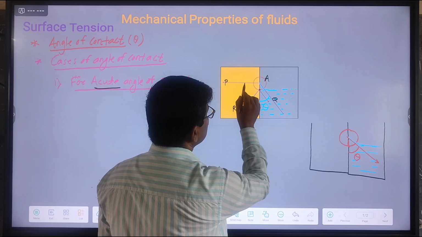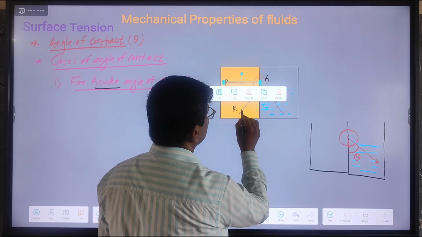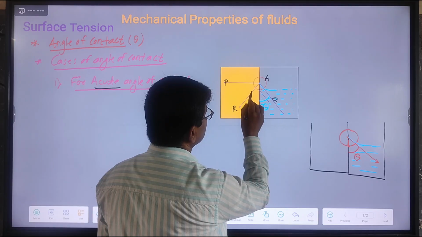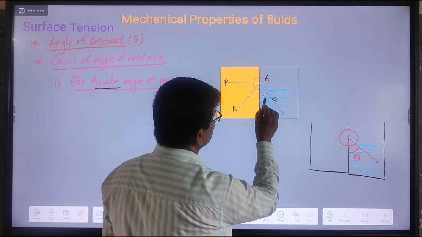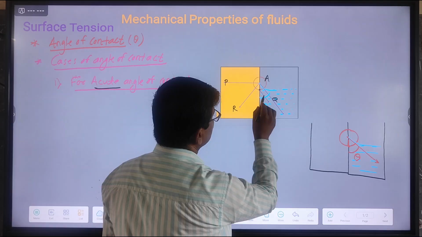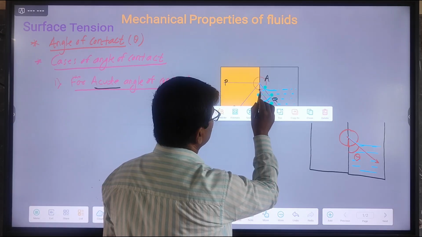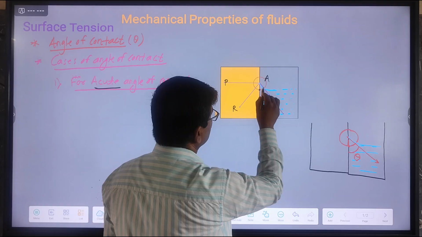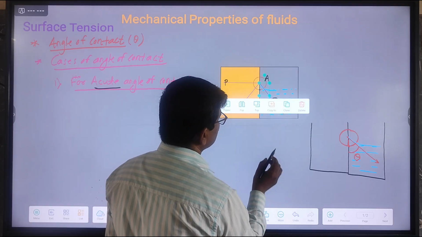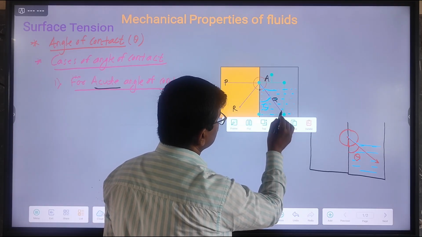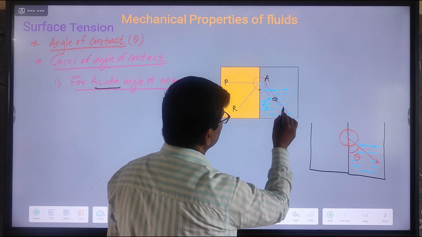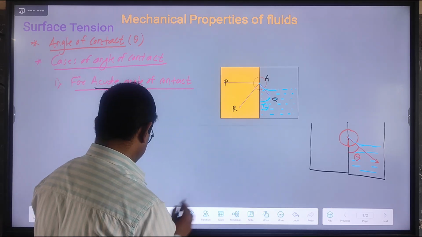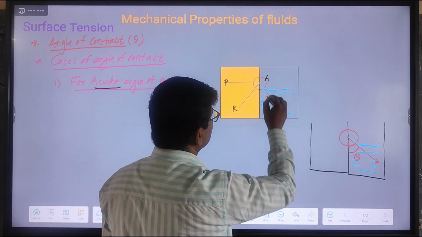Now this is the adhesive force, this is the resultant force, this is the cohesive force, and we are drawing the tangent.